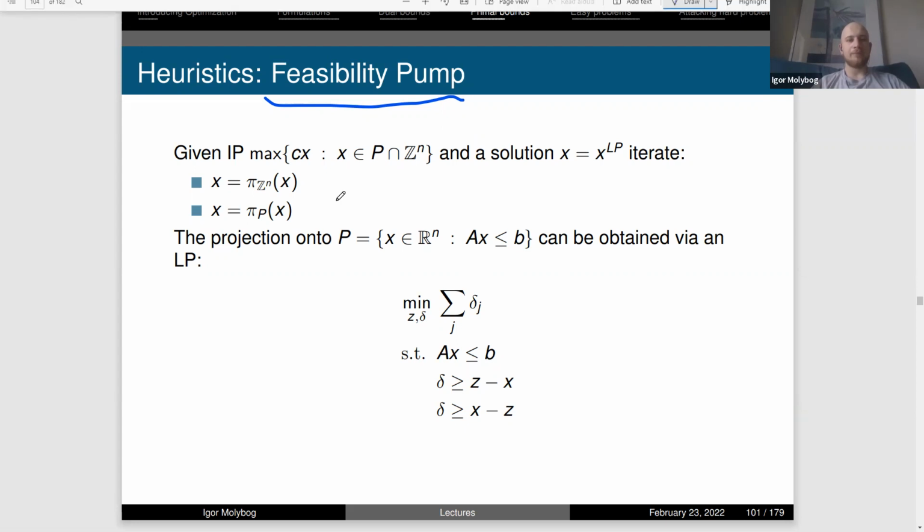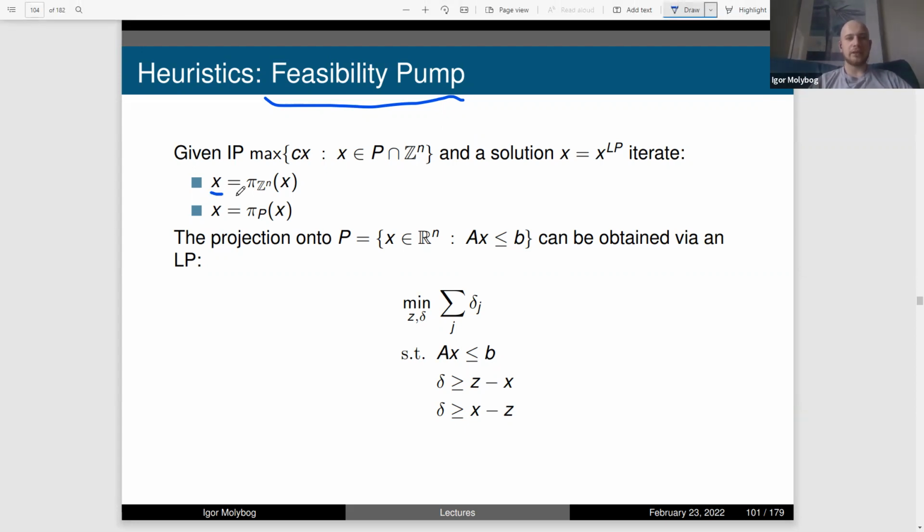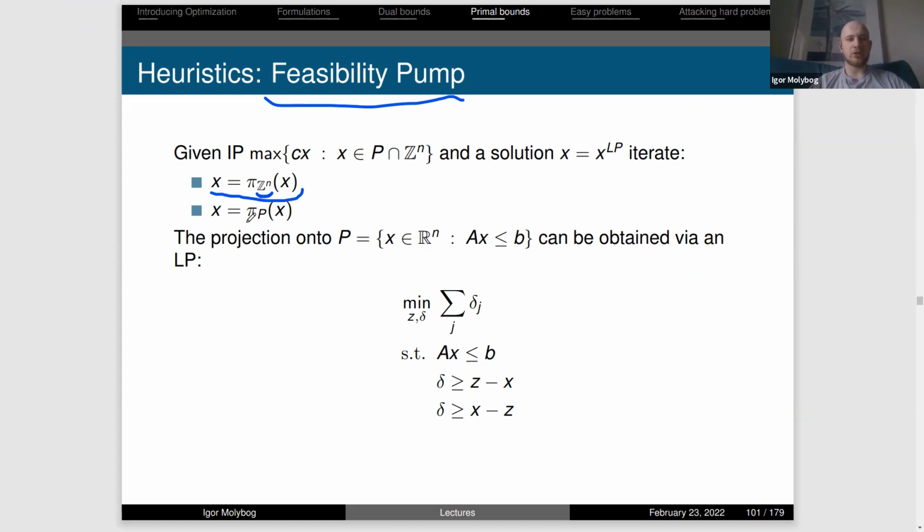So you iterate projection onto the set of integral vectors, and the projection onto your formulation P over and over again. It's important because it can be obtained via solution of an LP problem, and that can be done pretty quickly.